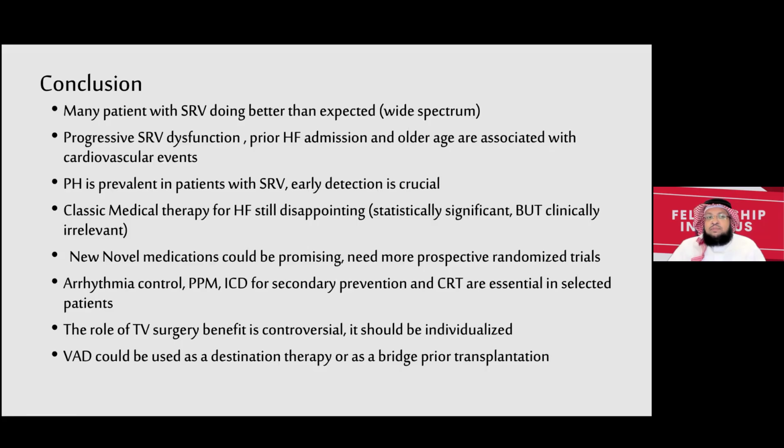Pulmonary hypertension is prevalent in these patients, and early detection is crucial. Classic medical therapy for heart failure is still disappointing. It is statistically significant but clinically irrelevant. New novel medications could be promising, but we need more prospective randomized trials to study them.